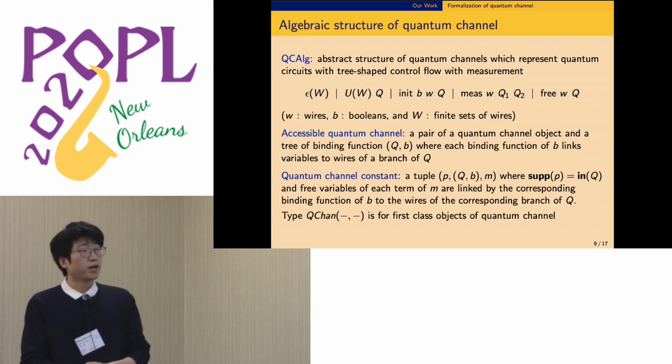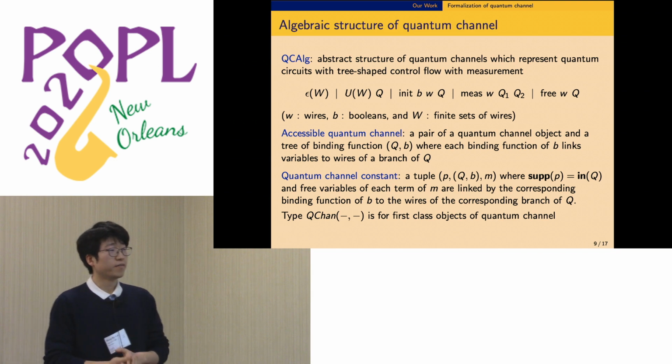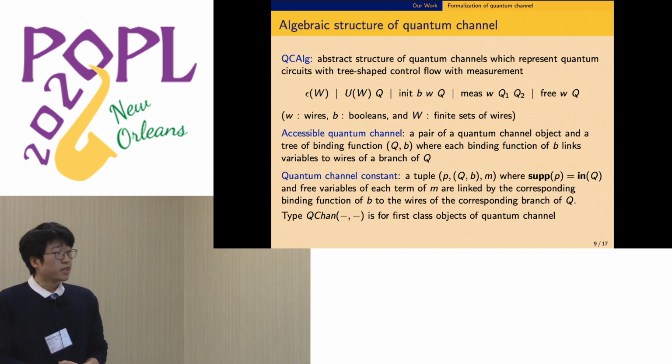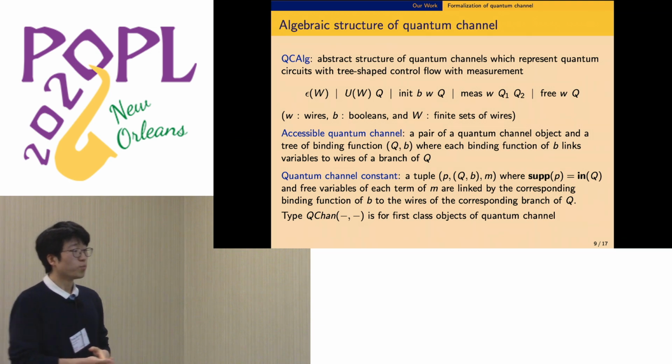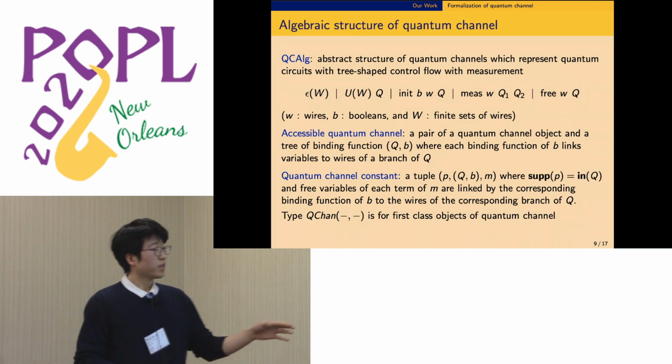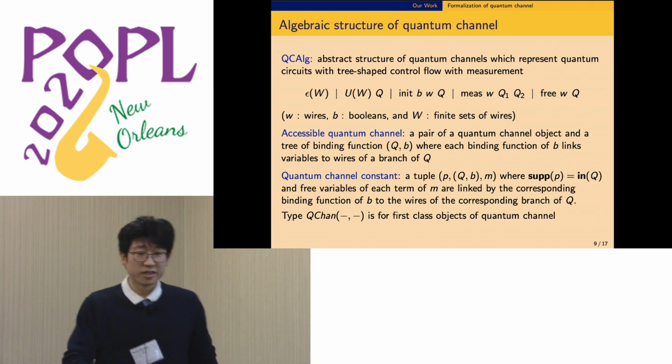P here is a pattern of the input of the quantum channel, and M is a term which will be defined in the next slide. And B connects the free variables of the term to the wires of each branch of the quantum channel Q. And lastly, we define a type Q10 for the quantum channel constants.